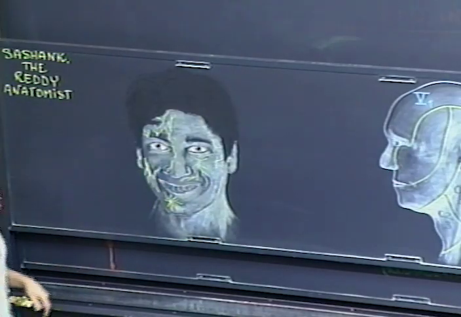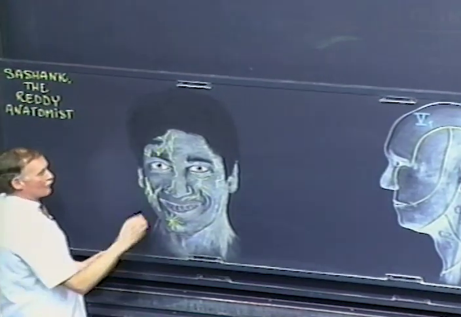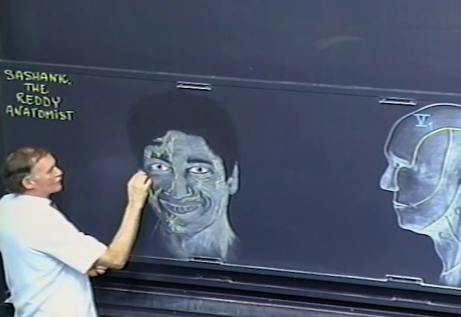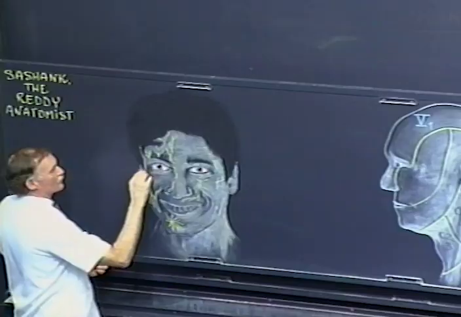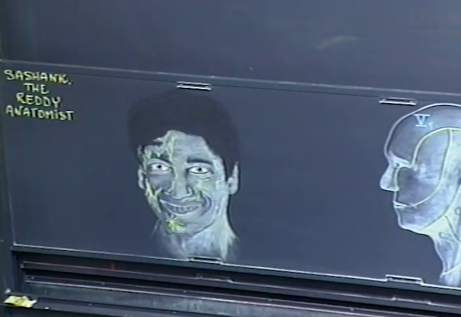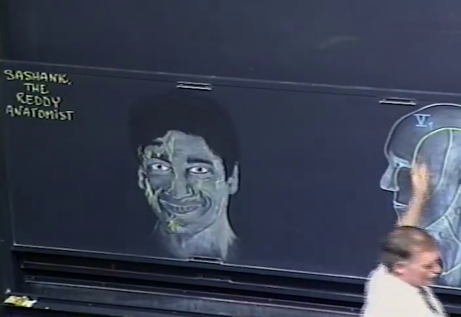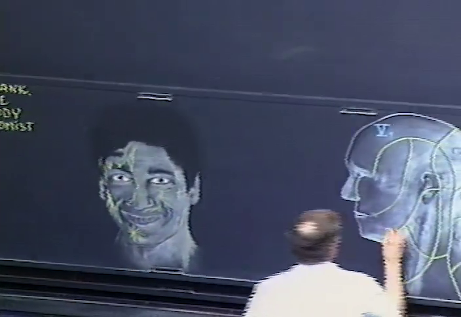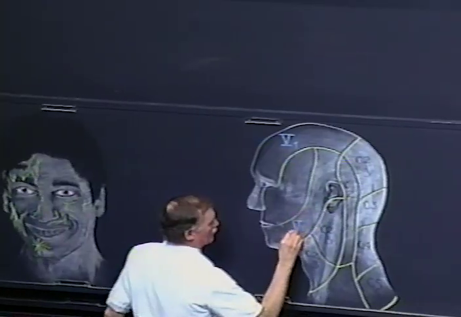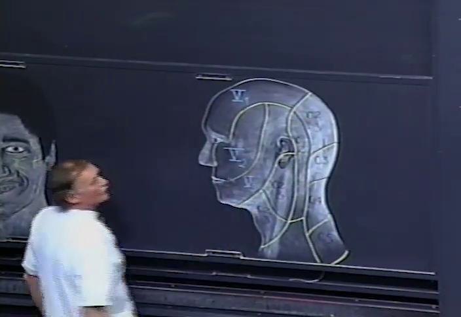There's the buccal branch. And the third branch of 5-3 is the auriculotemporal, a branch that takes the upper part here of the ear and this temporal region like that. So, 5-3, and here is 5-2 territory.